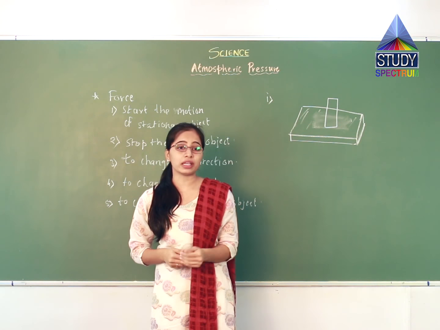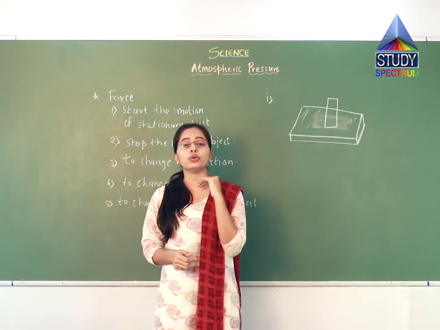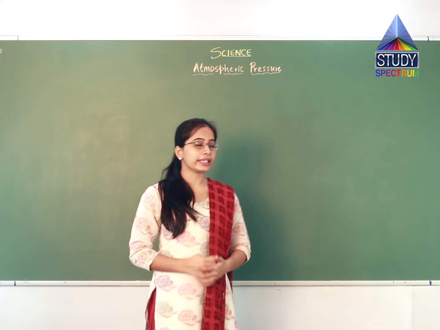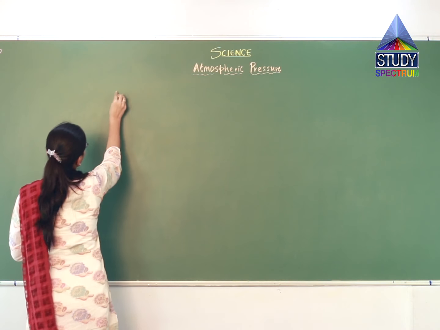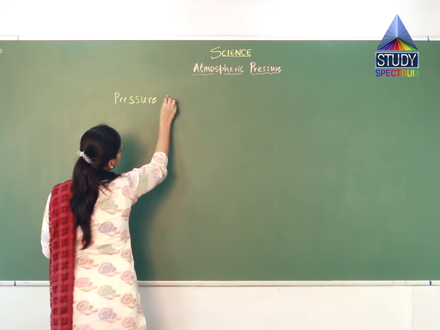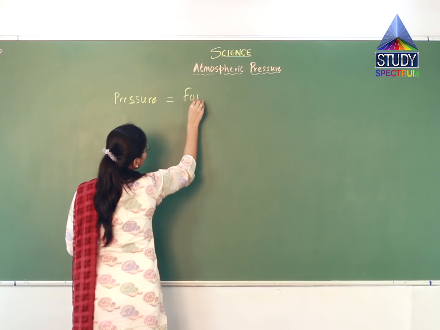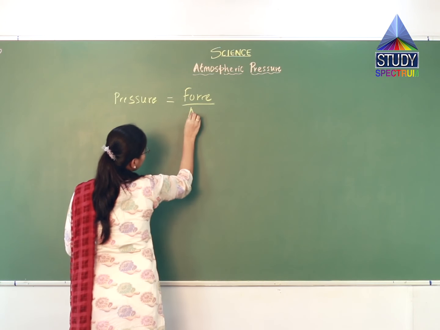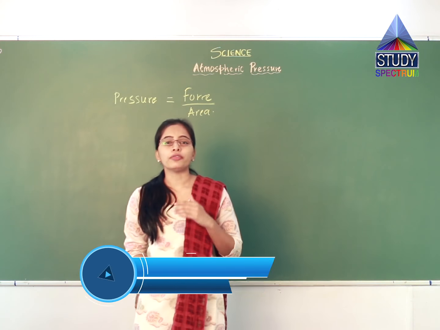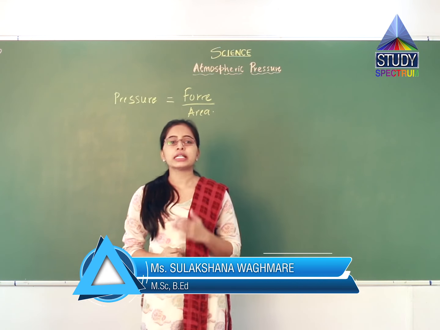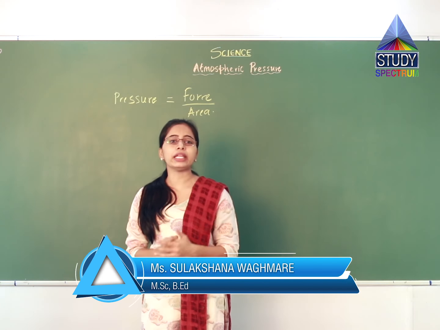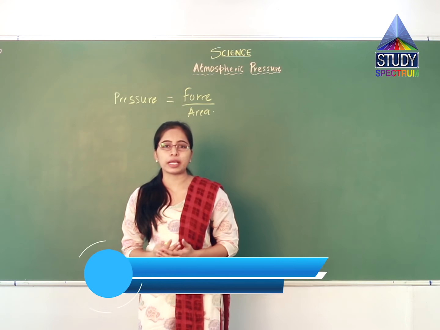So here we defined a new quantity known as pressure. The formula for pressure is force upon area. When a force is applied to an object, the effect produced depends upon the area of the surface on which the force is applied.